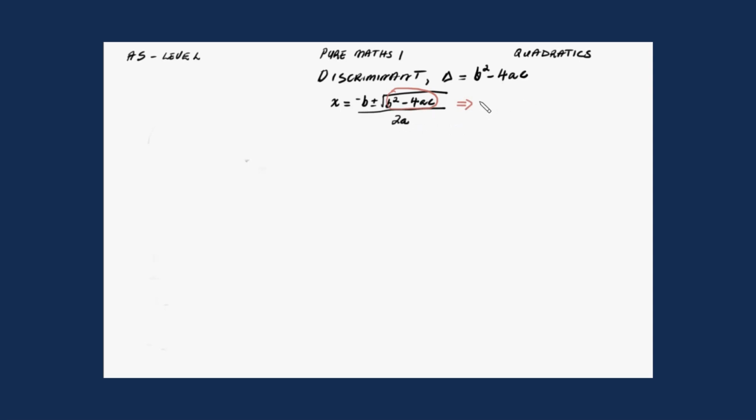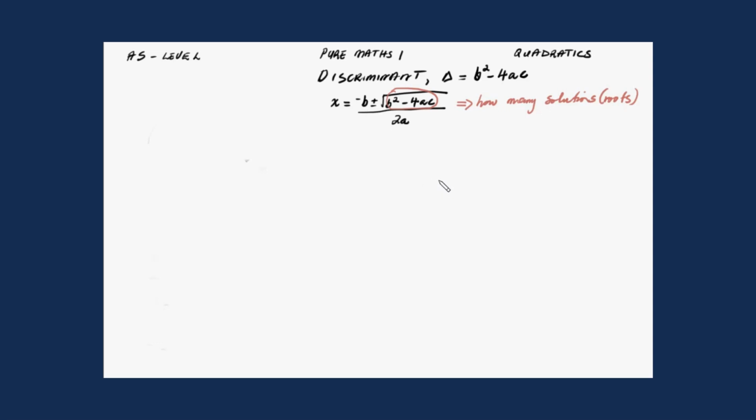It tells us about how many solutions there are, which is the importance of the discriminant.